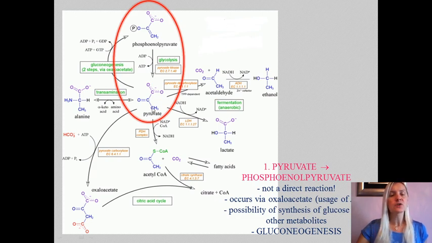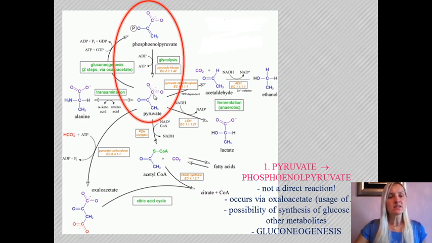So in order to convert pyruvate to phosphoenol pyruvate, we have to do one additional step by synthesizing oxaloacetate and then decarboxylating oxaloacetate to phosphoenol pyruvate. So it occurs via oxaloacetate, and we're using ATP for those purposes.